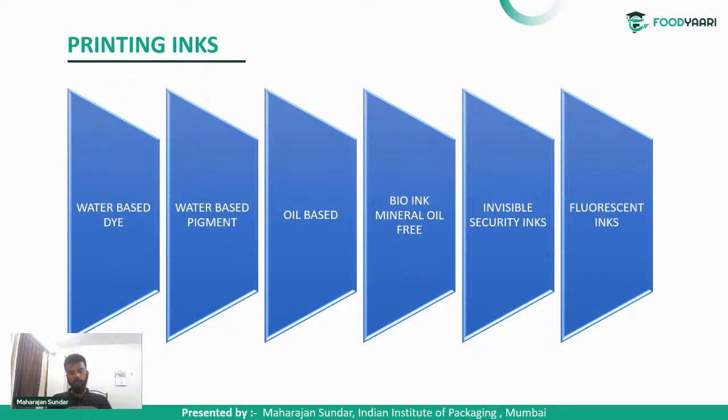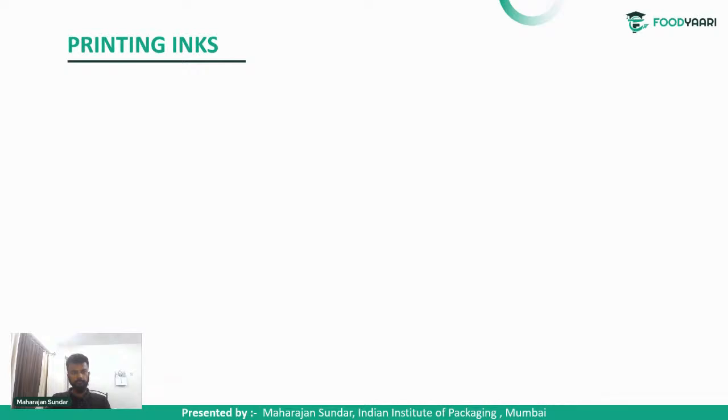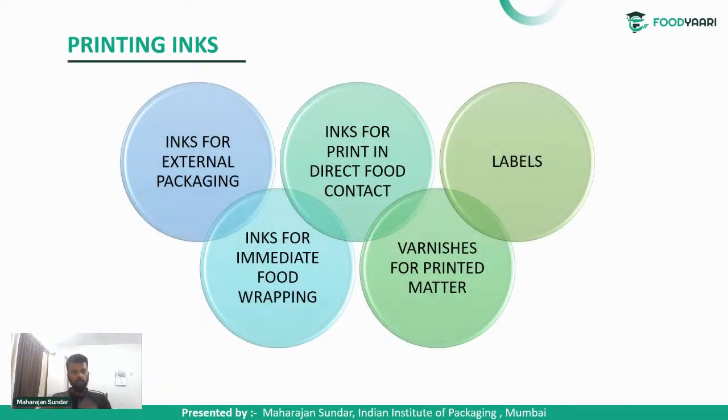And invisible security marks are microwave or infrared activated. These are used for security purposes. Fluorescent inks give brightness to the different types of colors. And printing inks are used for external packaging, for direct contact with the food product, or for immediate food wrapping, or labels, and printed matter.